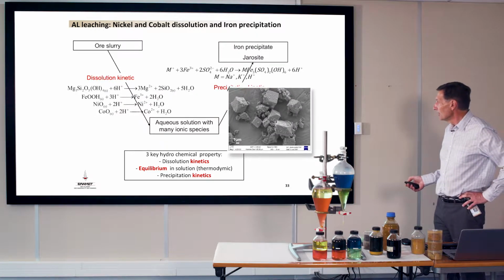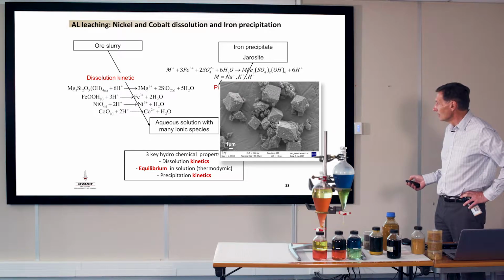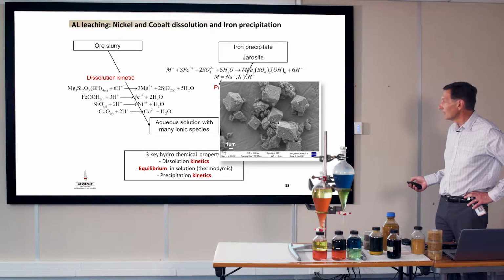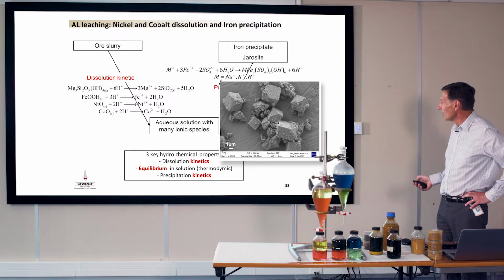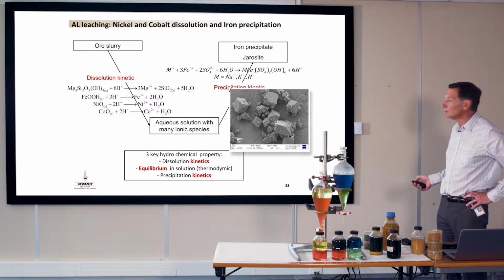This picture is the jarosite crystals. It's like cubes. You see the dimension of the scale, it's 1 micron. The jarosite is cubes at the level of 10 to 20 micron.